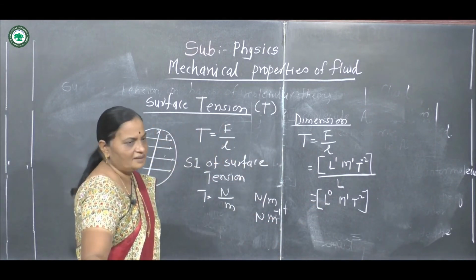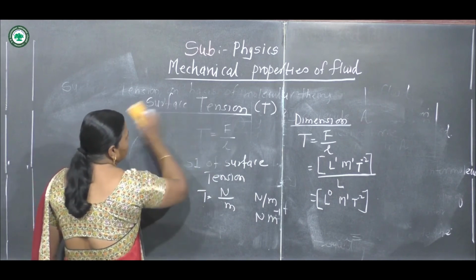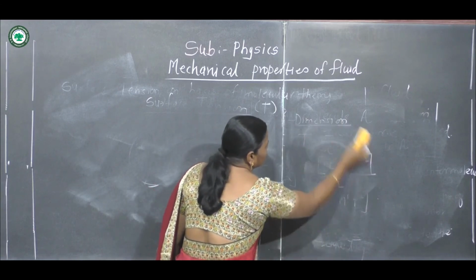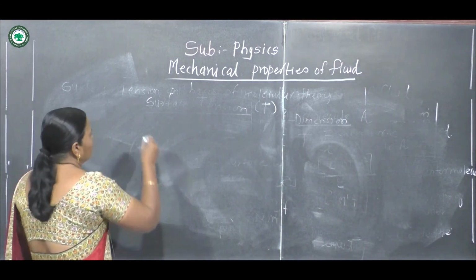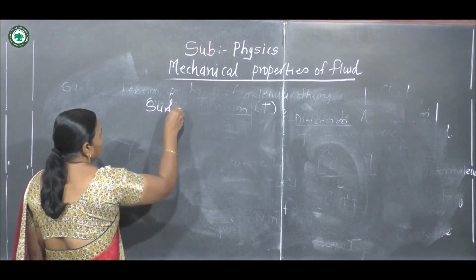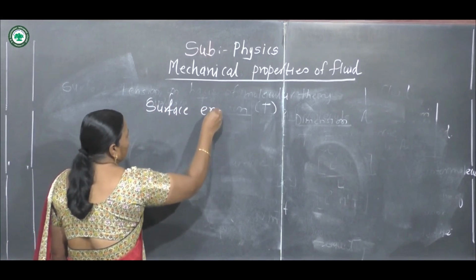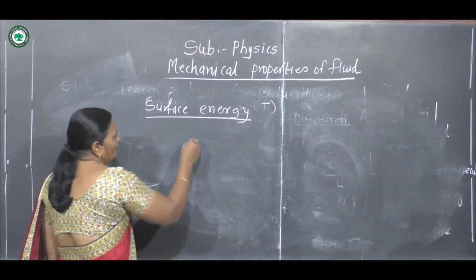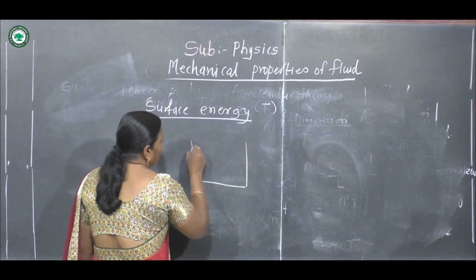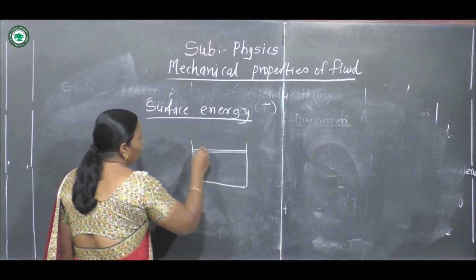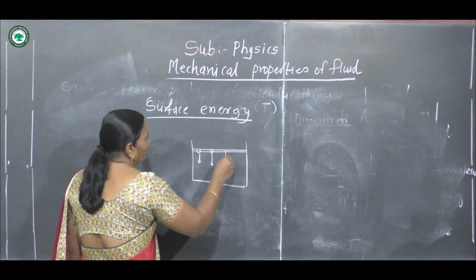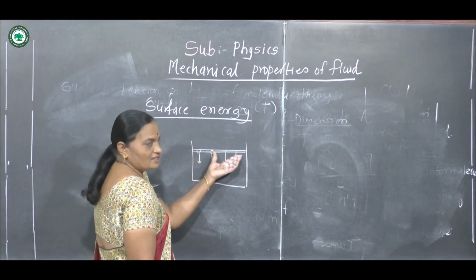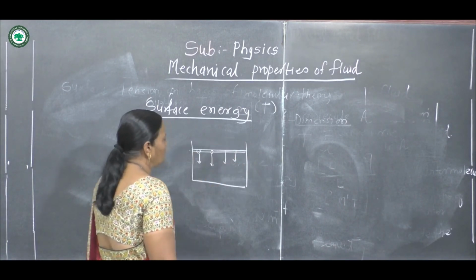We see the next concept, surface energy. What is surface energy? Each molecule wants to go inside the liquid, and the free surface behaves like an elastic membrane; there is a surface tension.